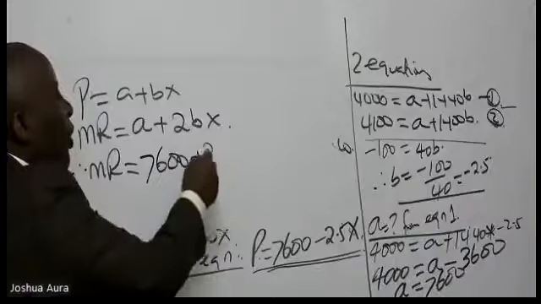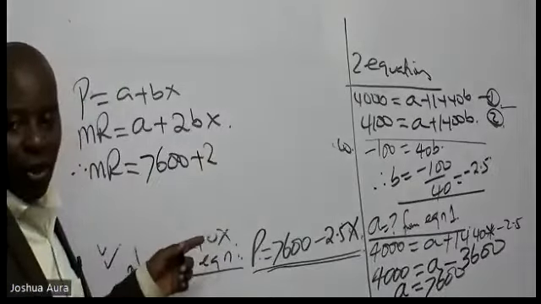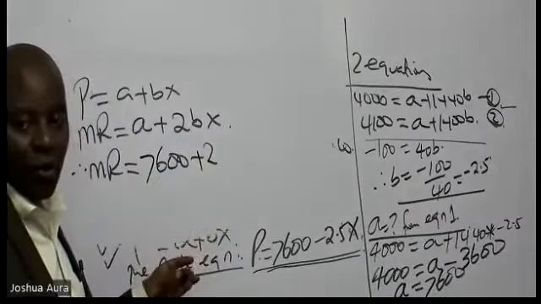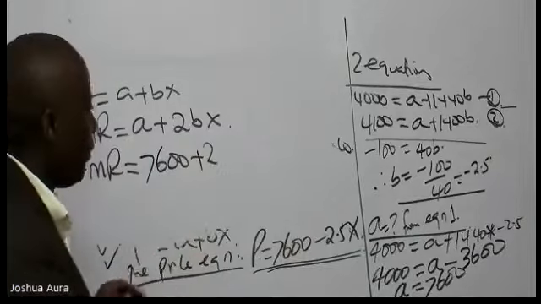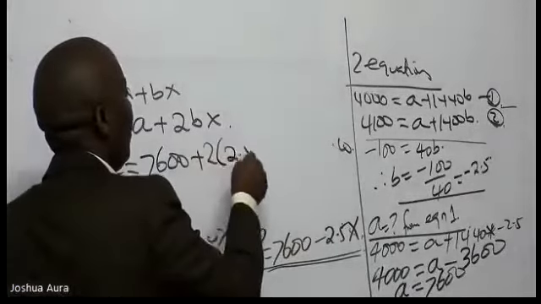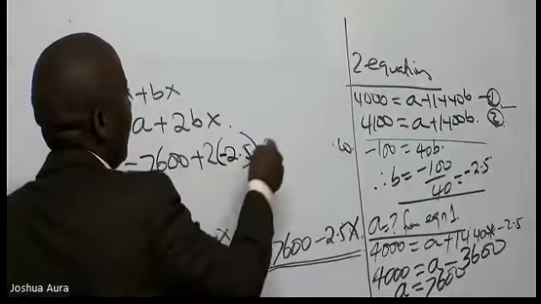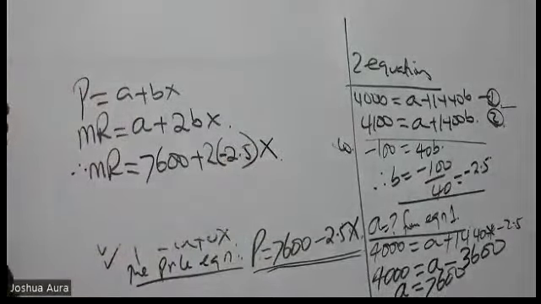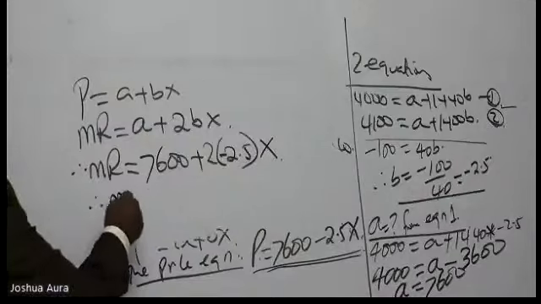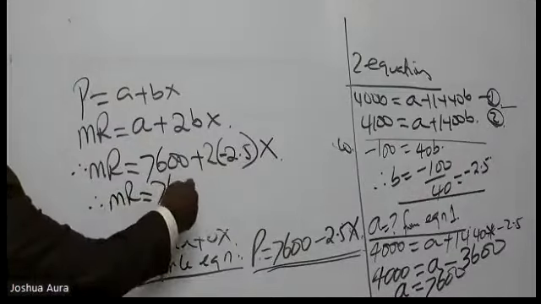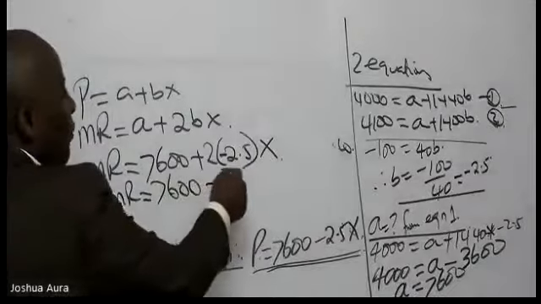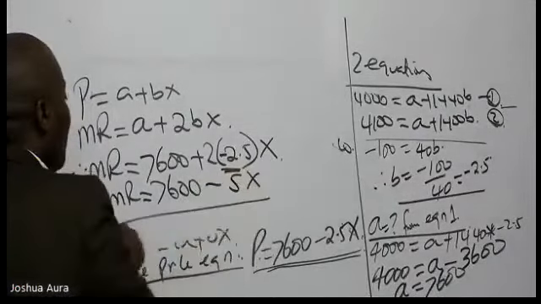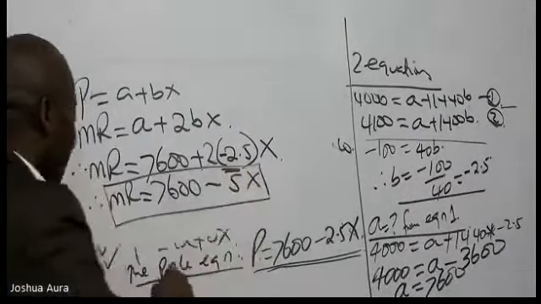Do you know the value of B? Minus 2.5. Then, of course, X. We don't know X. So my marginal revenue will end up being 7,600 minus 5X. This is the answer.